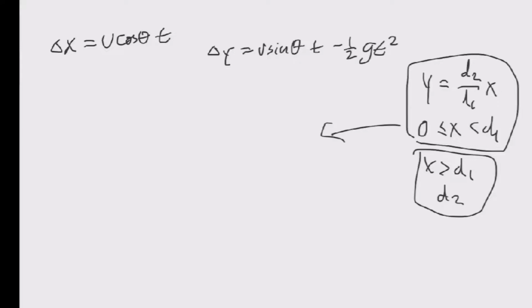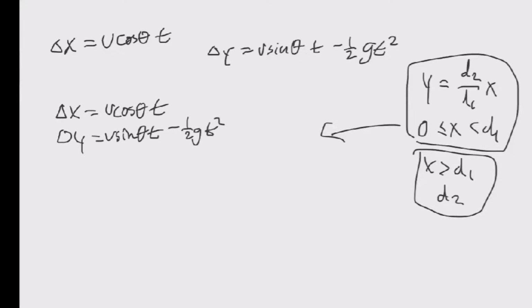So assume this equation's true. Now you solve the system: delta x is v cosine theta times t. Delta y is v sine theta t minus 1/2 g t squared. And delta y is d2 over d1 times delta x. So solve this and tell me what you get here.